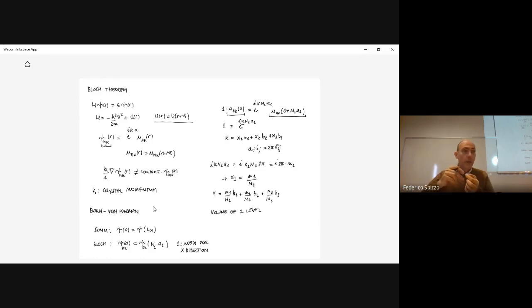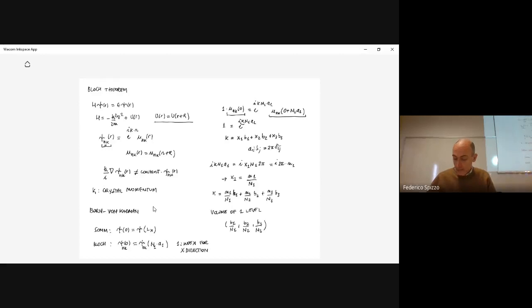It is the distance that we obtain when we change the value of N1 just by 1, of N2 just by 1, and of N3 just by 1. So the small cell that we obtain is a cell that is described by these three vectors, B1 divided by N1, B2 divided by N2, and B3 divided by N3. So these are the three vectors that identify just one cell. That is the size, let's say, of that cell.